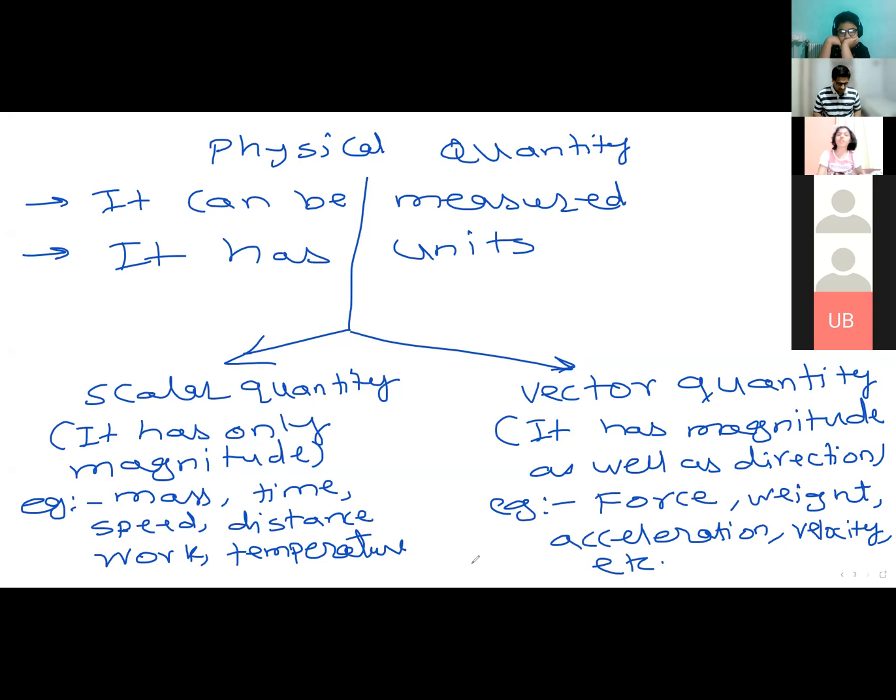When I say I have 5 kilograms of mass in my hand, does it matter what is the direction of that mass? No. Mass is the amount or quantity of matter contained in the object.